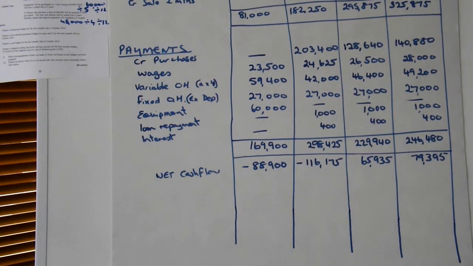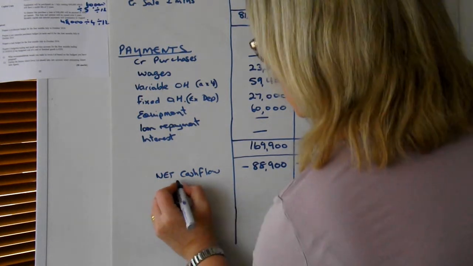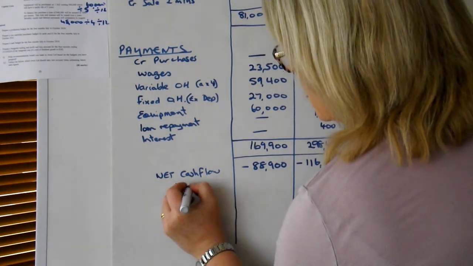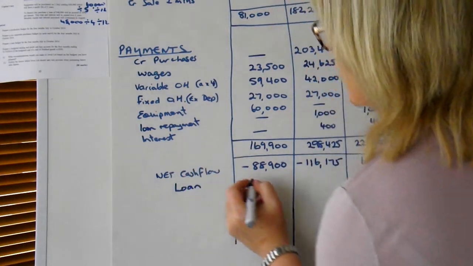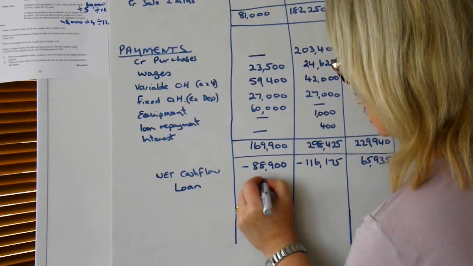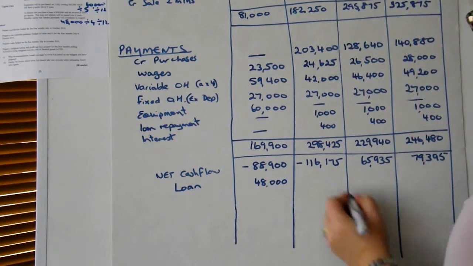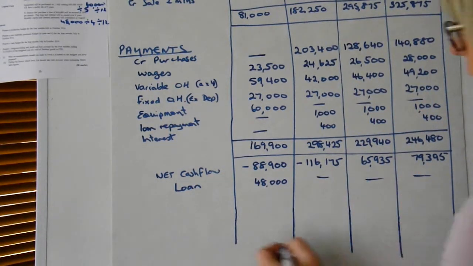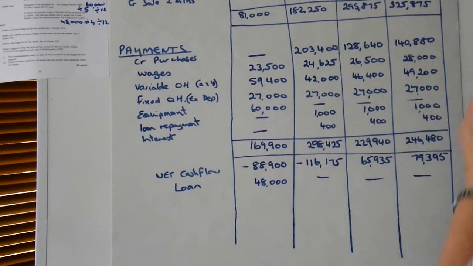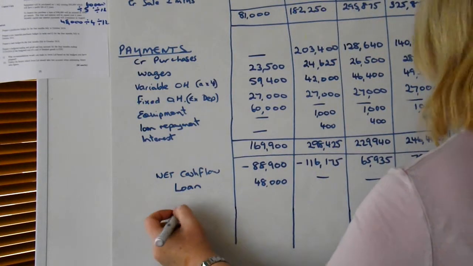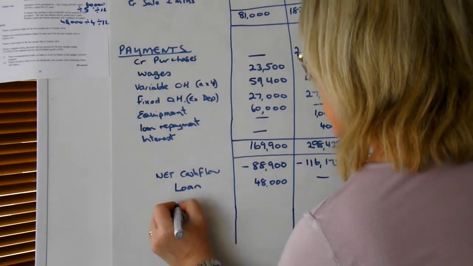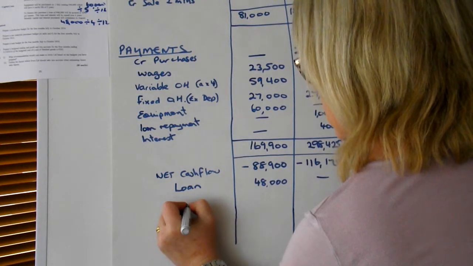So the next piece after net cash flow is to show the receipt of the loan. And the loan amount in this case is 48,000. So that's simply a plus to our cash flow there of 48,000. That's all I have on that line. And then we want to show our opening and our closing, and you can do these 2 together.